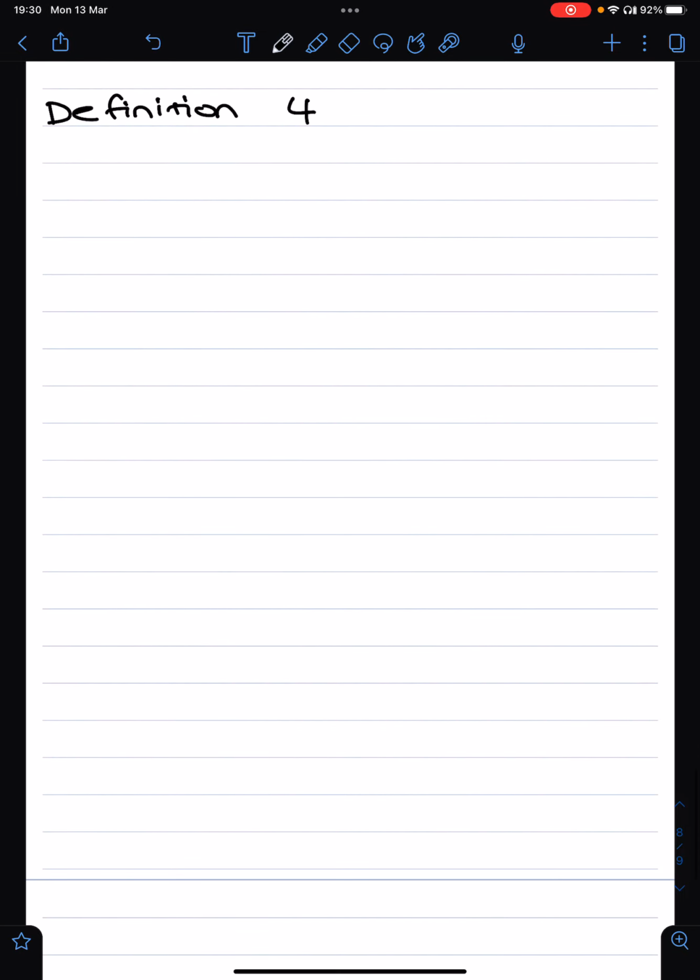Okay, let's go over definition 4. If I have a coefficient in front of a base that has a negative exponent, then the coefficient goes on the numerator of the fraction, and the base with a negative exponent, in our example x to the power of negative n, goes to the bottom of the fraction, so x to the power of n.